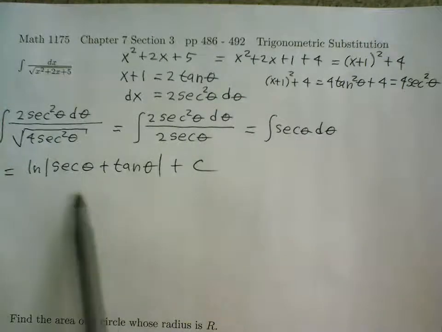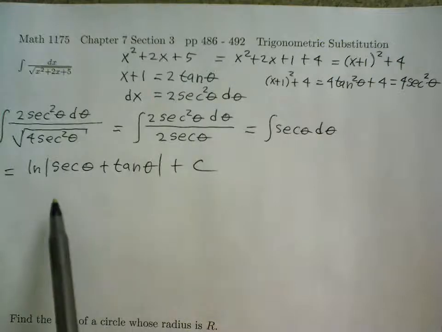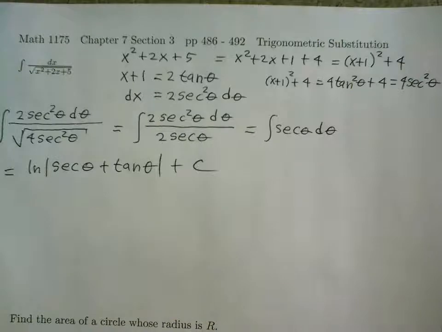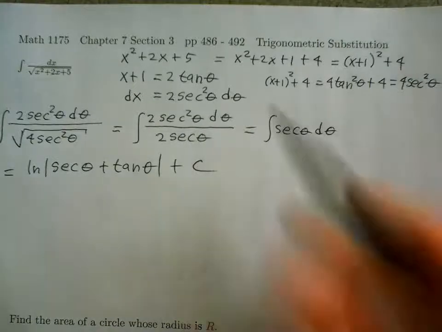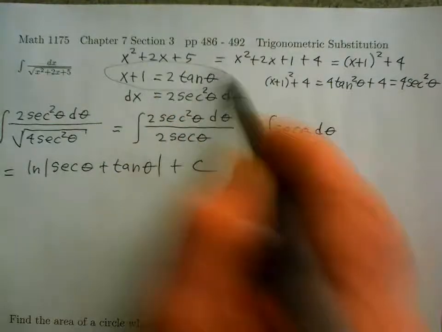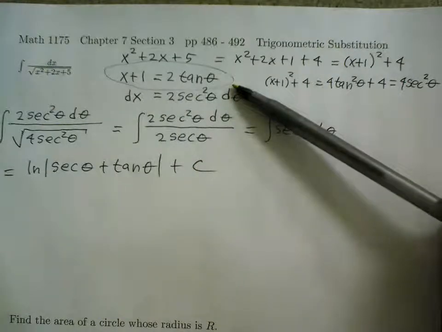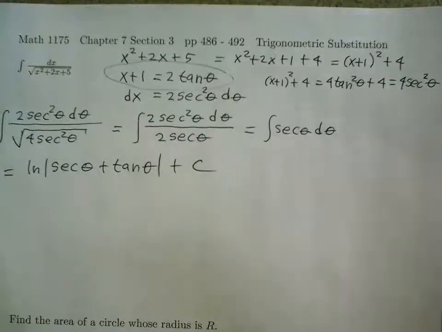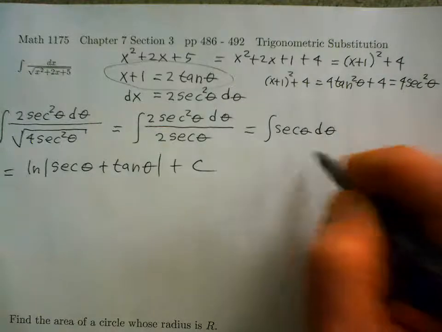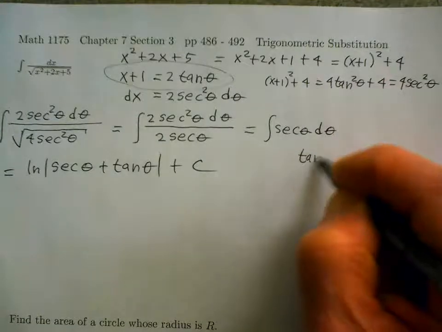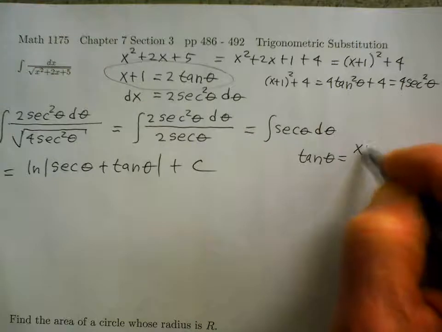We want our antiderivative, or the indefinite integral, to be expressed in terms of x. So that's where our trig substitution comes in. If x plus 1 equals 2 times tangent of theta, that means tangent of theta is x plus 1 over 2.